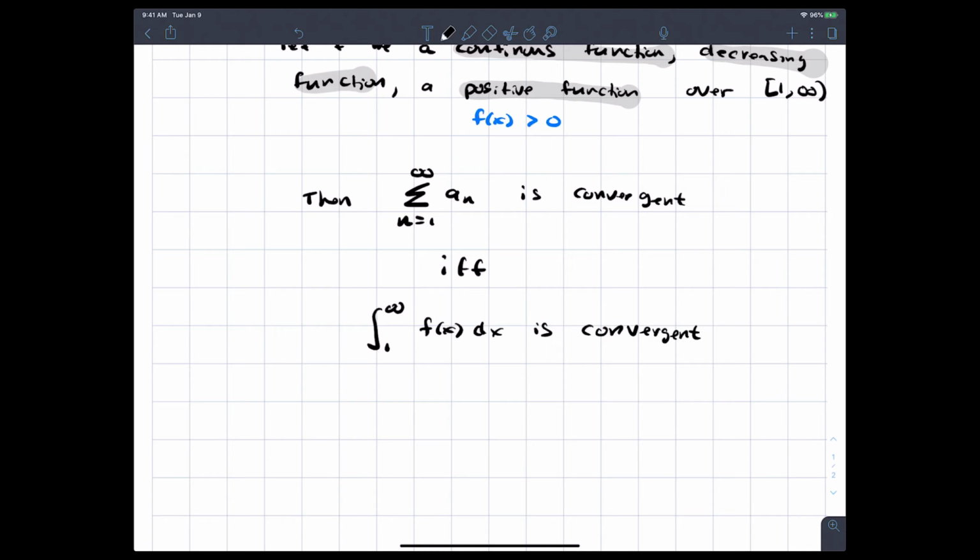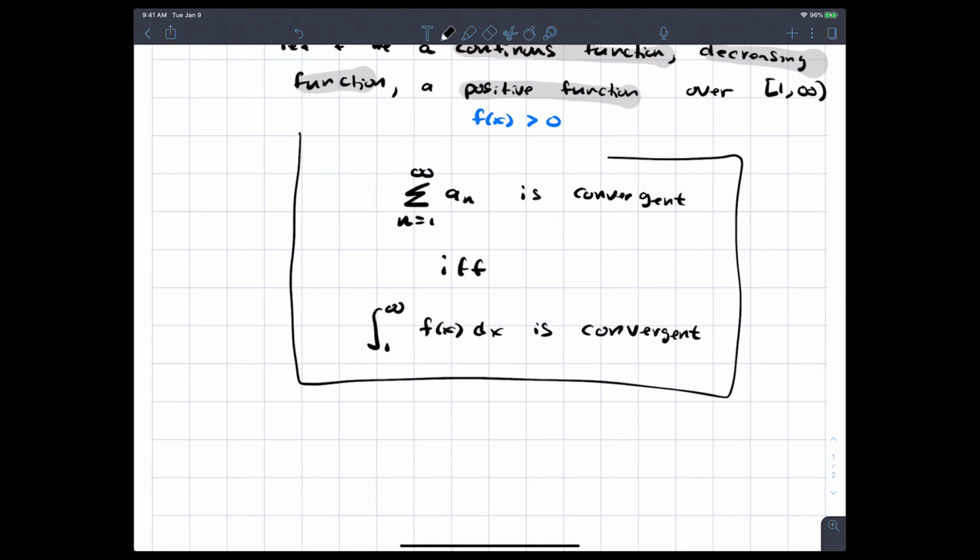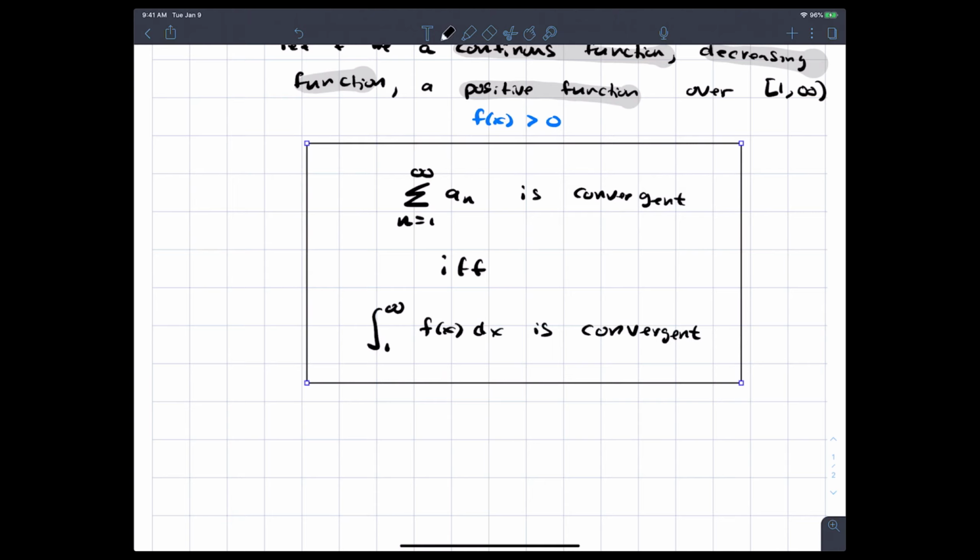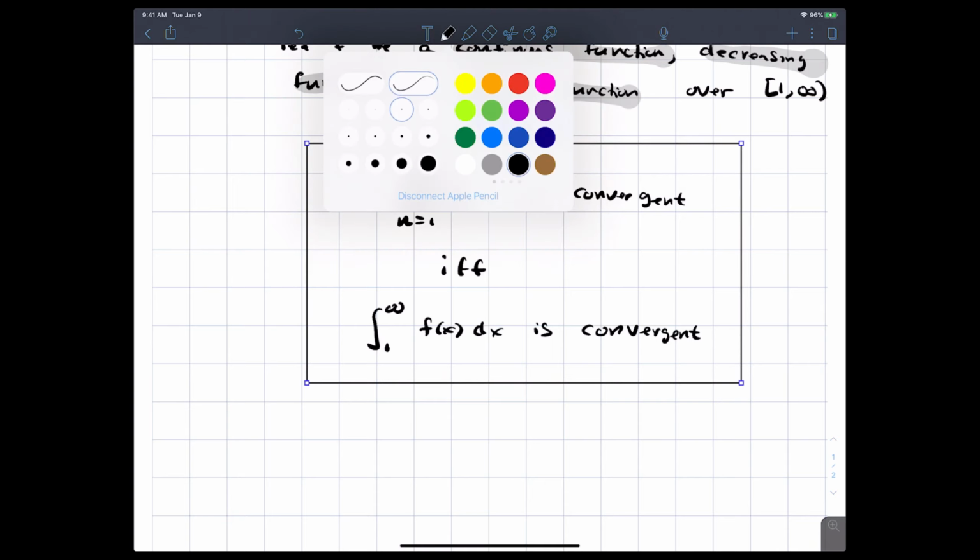Let me write this down and emphasize the meaning of these phrases, because that's an important detail.